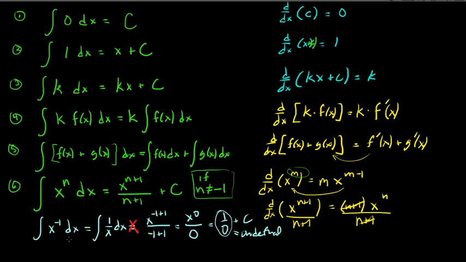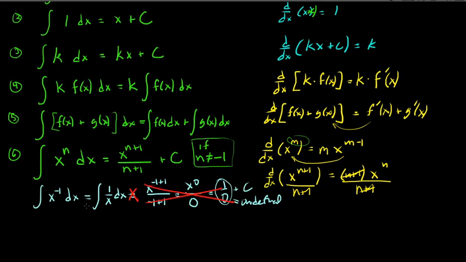So there is an antiderivative of x to the negative 1, but it's not 1 over 0. That's meaningless. It's an actual function. In fact, it is a function that you're probably familiar with, but it's not one we're going to talk about until chapter 5. Some of you may even know what this is already, but if you don't, don't worry about it, because for the time being it's not going to come up.